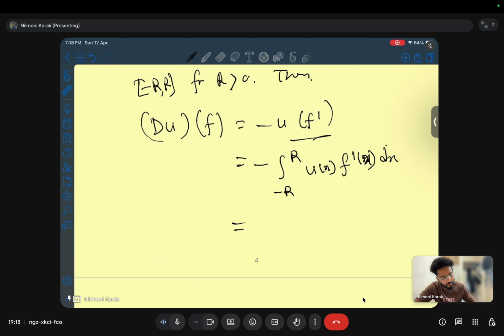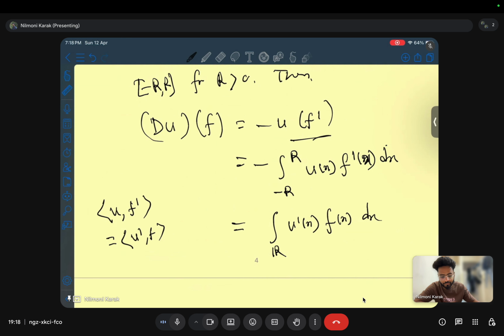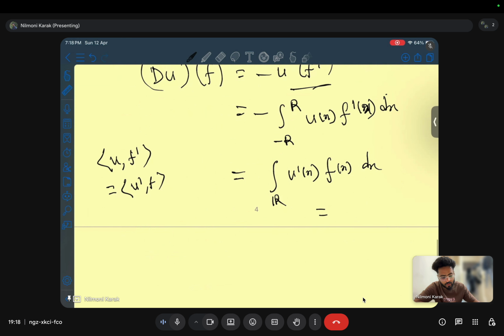And this is exactly, with r tending to infinity, u dash(x) f(x) dx. This is just u f dash equals minus u dash f.